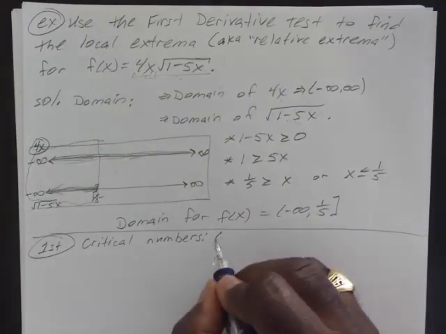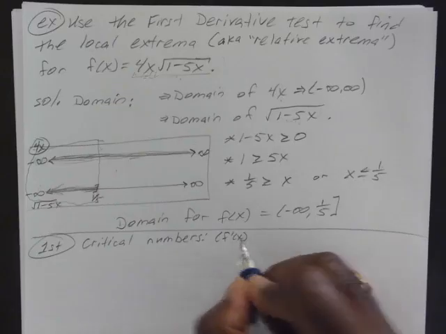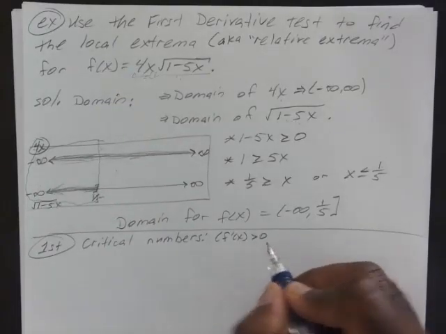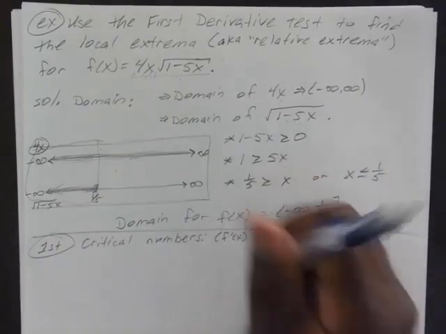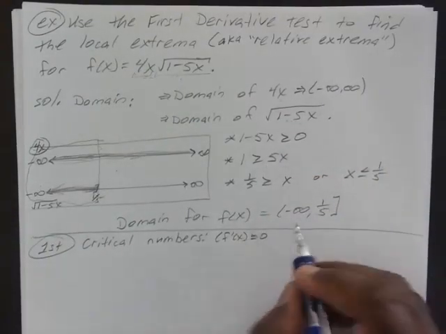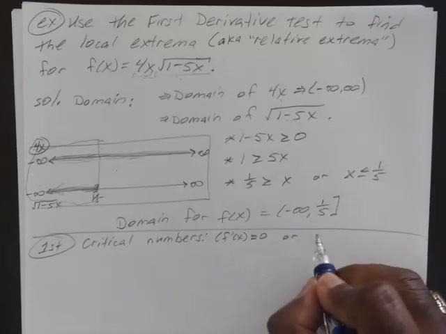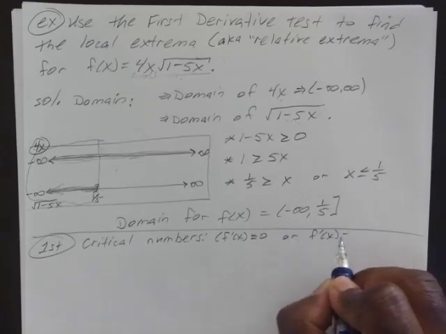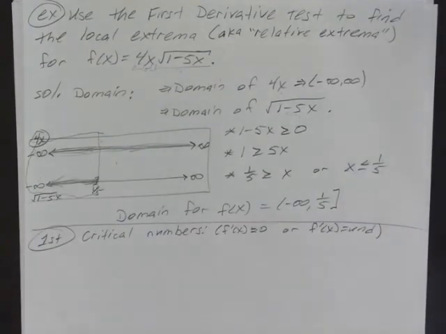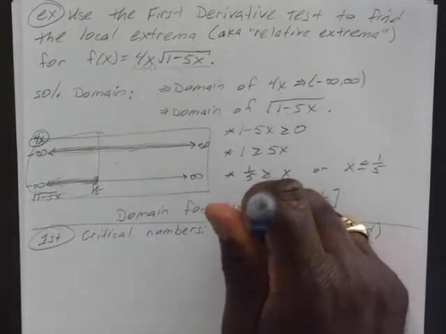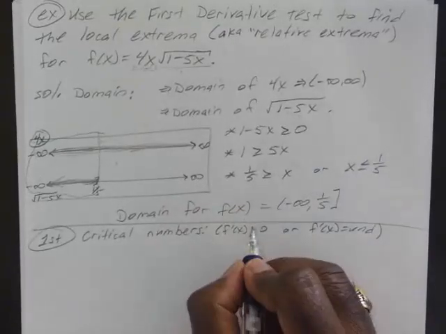Okay, remember your critical numbers, just where f prime of x is equal to 0, I mean, not greater than, equal to 0, thinking of up there, or undefined. Make that equal to a little clearer. There we go.